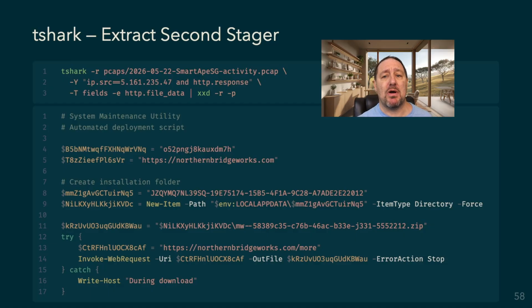This returns a PowerShell script with the payload URL at the top, and you can see northernbridgeworks.com. In the comments, it calls itself System Maintenance Utility, because nothing says legit like lying in your own comments. We extracted the first stager to find the second server, then extracted that to find the payload domain. This is like malware inception.